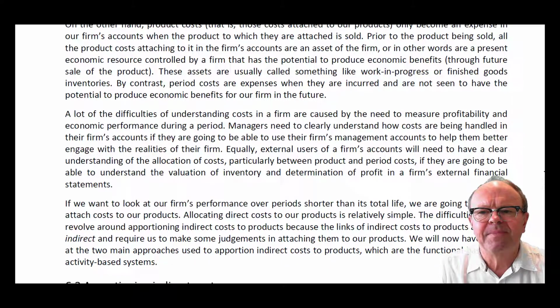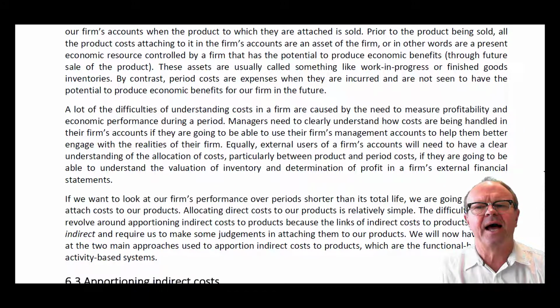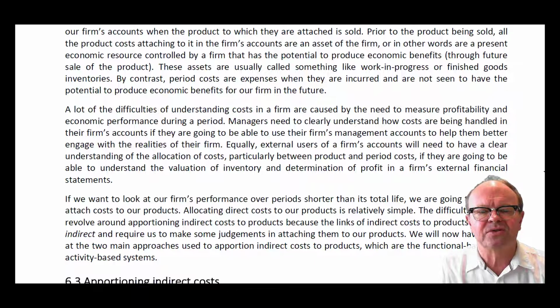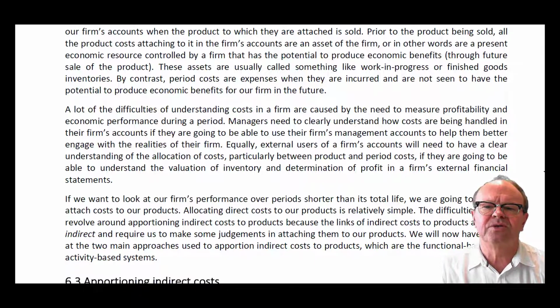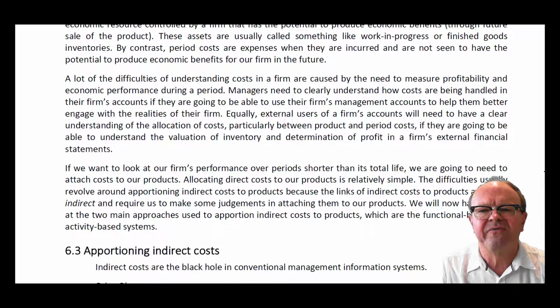Prior to the product being sold, all the product costs attaching to it in the firm's accounts are an asset of the firm, or in other words, are a present economic resource controlled by a firm that has the potential to produce economic benefits through future sale of the product. These assets are usually called something like work in progress or finished goods inventories.